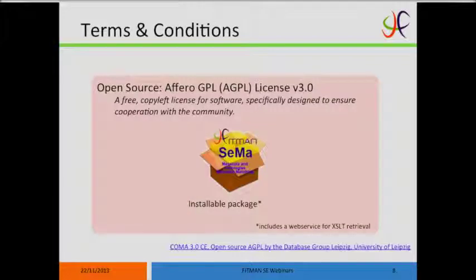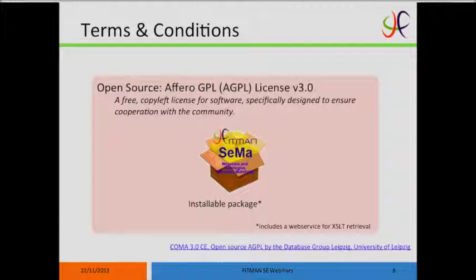So, closing this short presentation, the terms and conditions for using this enabler will be uploaded in the FITMAN catalog. At the moment we are running the last debugging steps, and we are ready to upload it. We are going to offer it through the Affero GPL license 3.0, as an installable package.